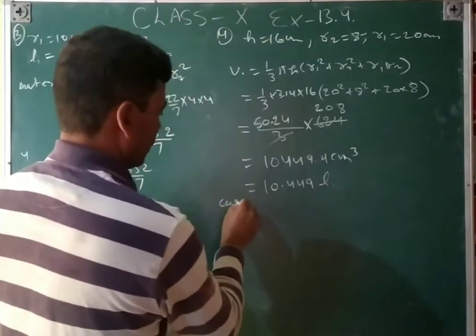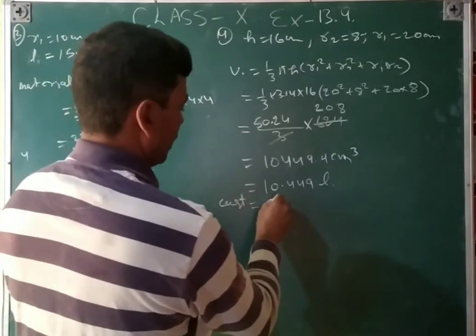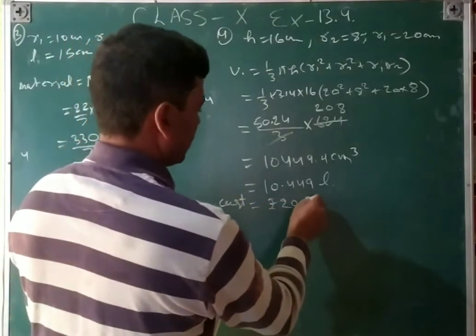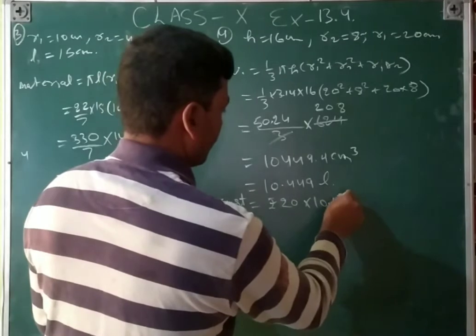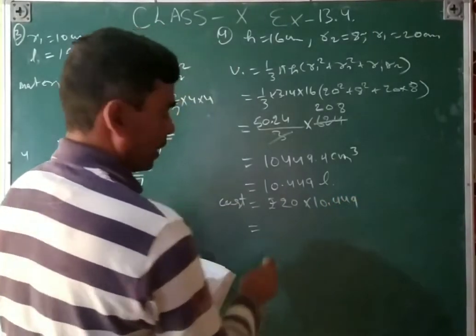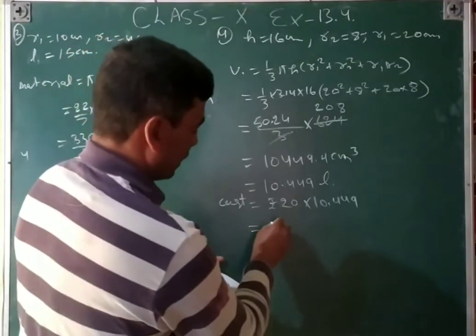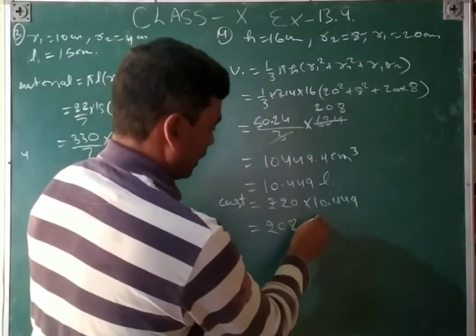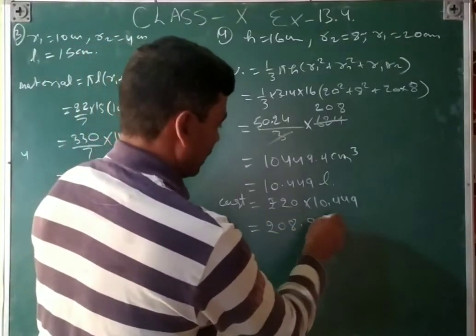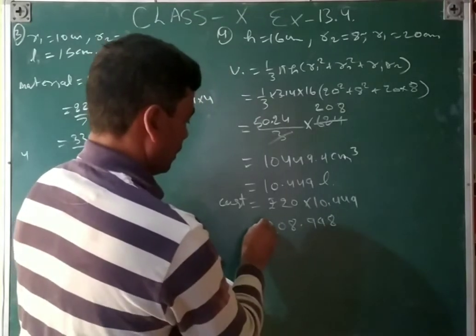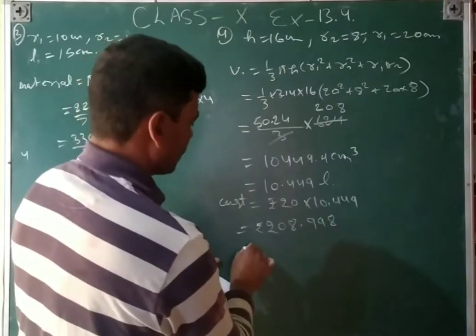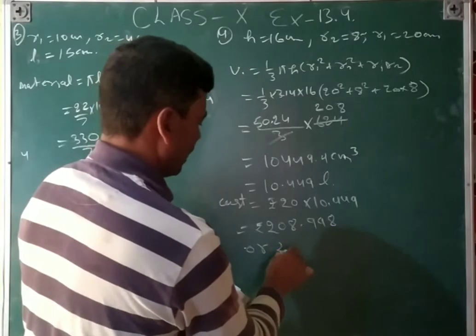So cost is equal to rupees 20 is given there, 20 multiplied by 10.449. So that will be 208.998 rupees. So this is the approx value, 209 is the answer.